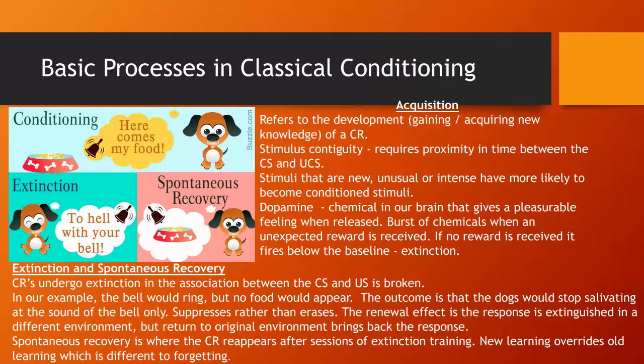We've also got a chemical in our brain, dopamine, that gives a pleasurable feeling when released. So a burst of chemicals in our brain, that pleasurable feeling when a reward is received, can increase that conditioned response. But if there's not enough reward, the response can become extinct.